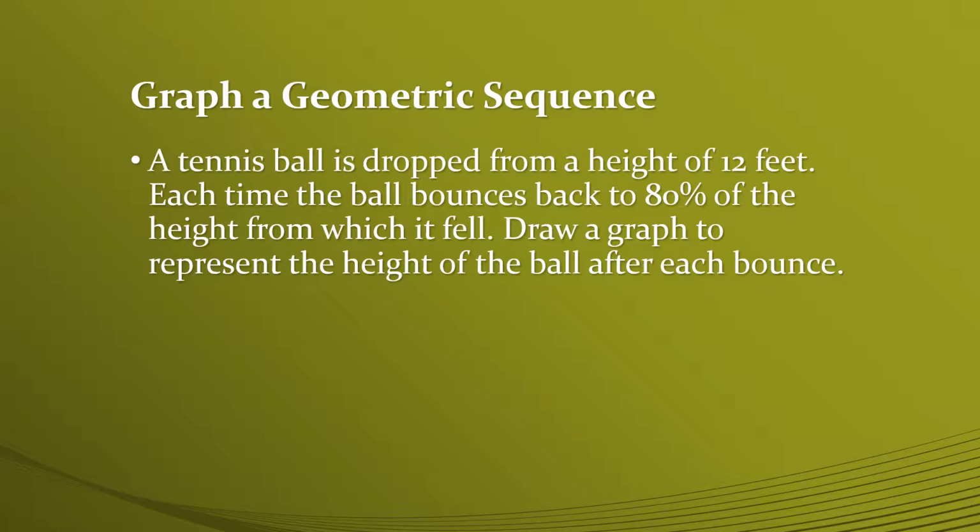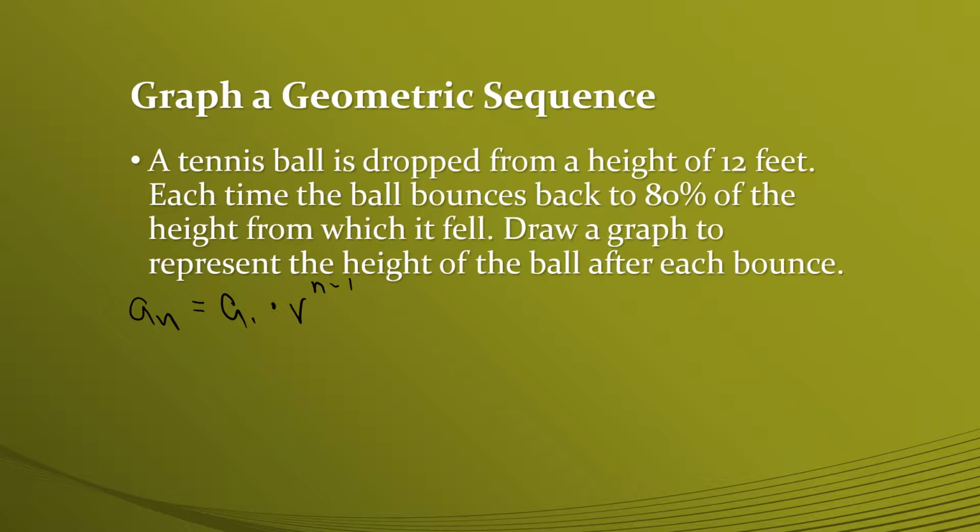So we're looking at a geometric sequence. We're going to graph it. And if I were to write this as a function, we've got a_n equals a_1 times the common ratio raised to the power of n minus 1.